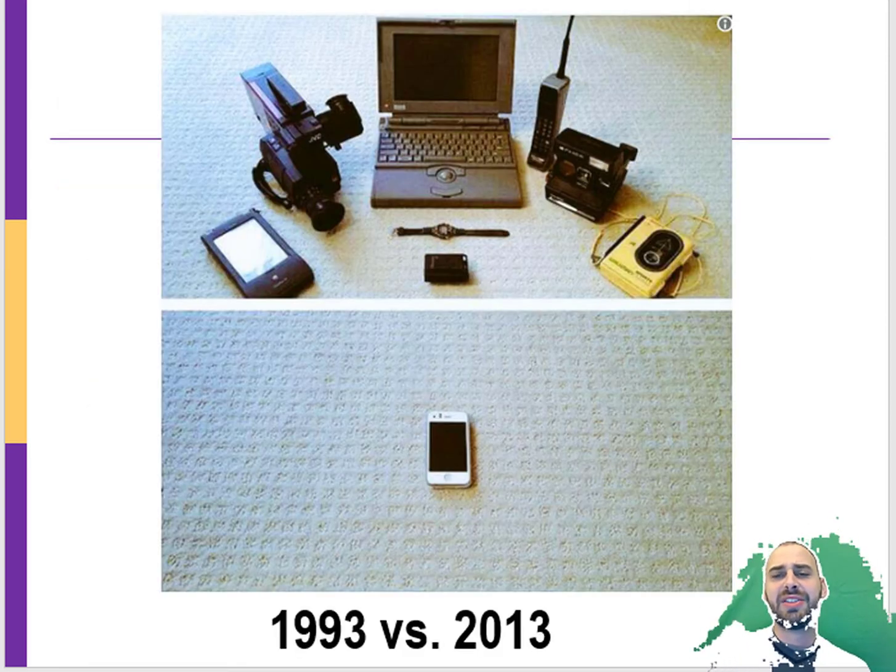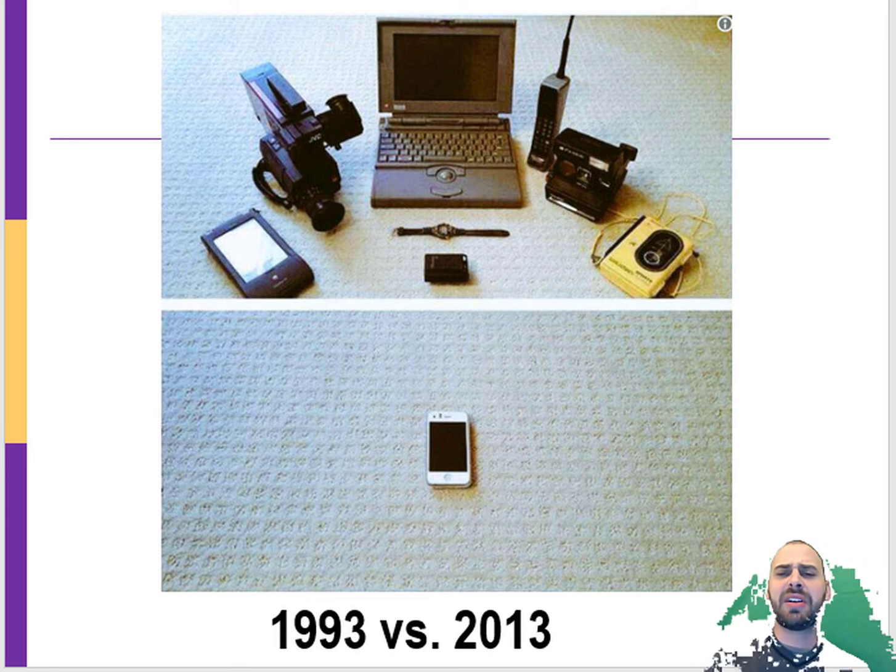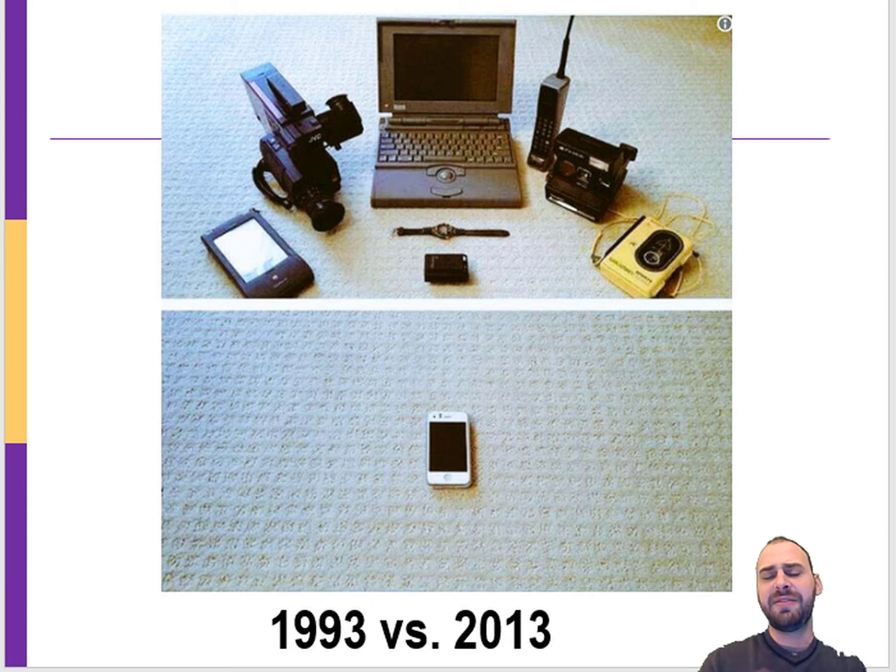Okay, so a lot of times embedded systems are considered, like we look at the top here, and this picture is showing a lot of what would be considered special purpose devices. You have a Walkman, a camera, a watch, a video camera, right? Maybe a personal organizer or pager, right? Embedded systems typically have very limited functionality.